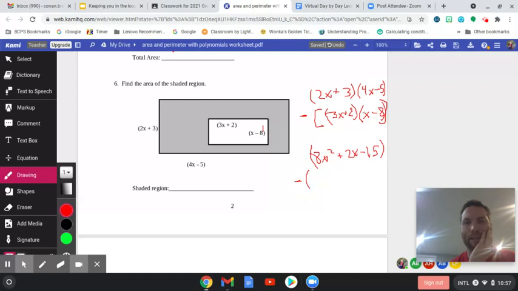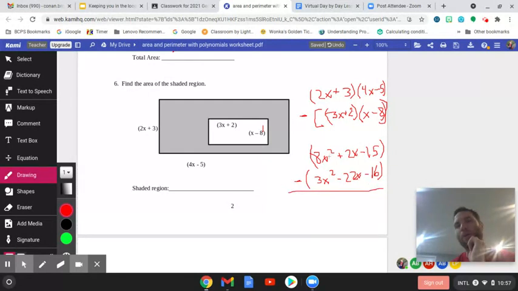So 3x times x is 3x squared. And this is 3x times -8 is -24x. And 2 times x is 2x. So it'd be -22x. And then 2 times -8 is -16. Okay, so here it is.